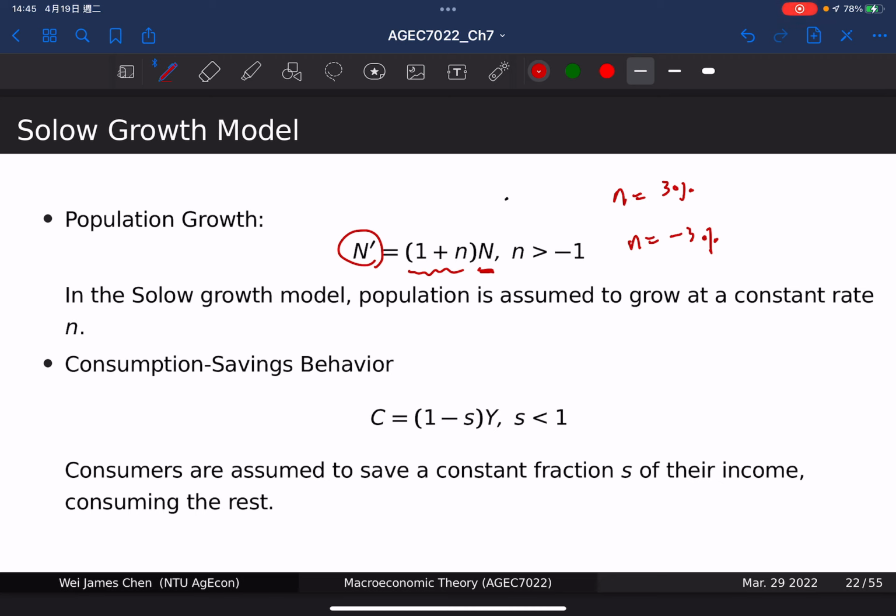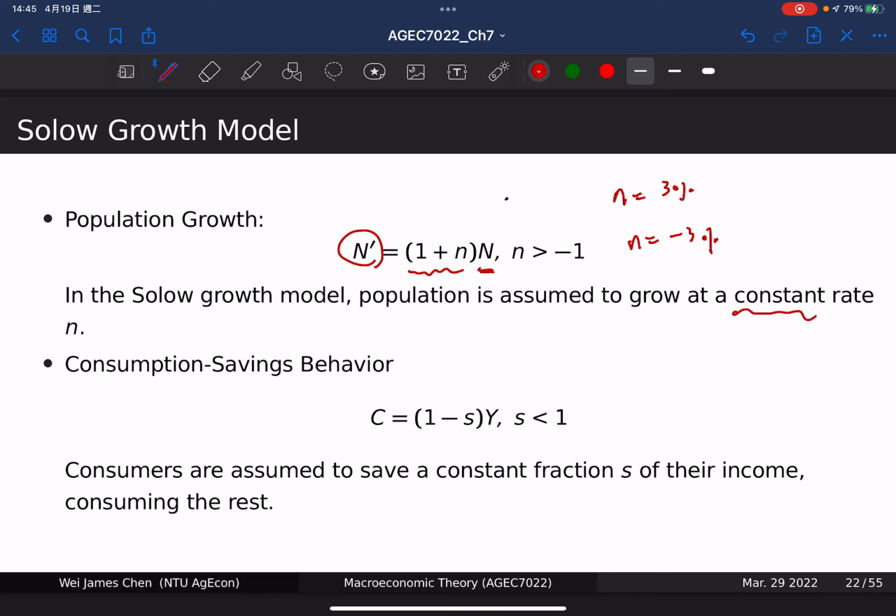Okay, so in the Solow growth model, population is assumed to grow at a constant rate. The point here is constant. Okay, and now we have a consumption-saving behavior. Before there's no saving, remember; here we have a saving behavior.